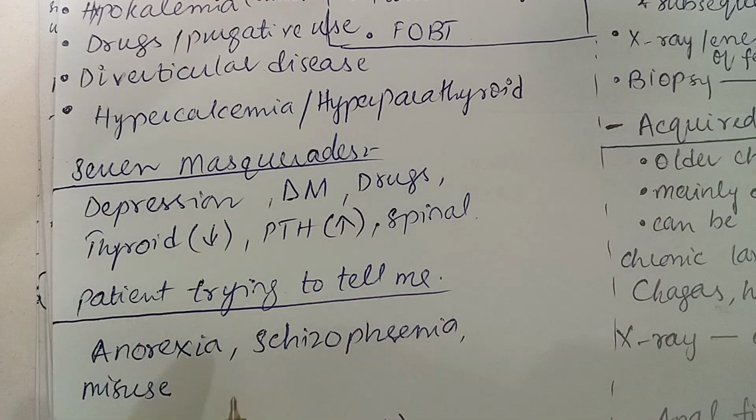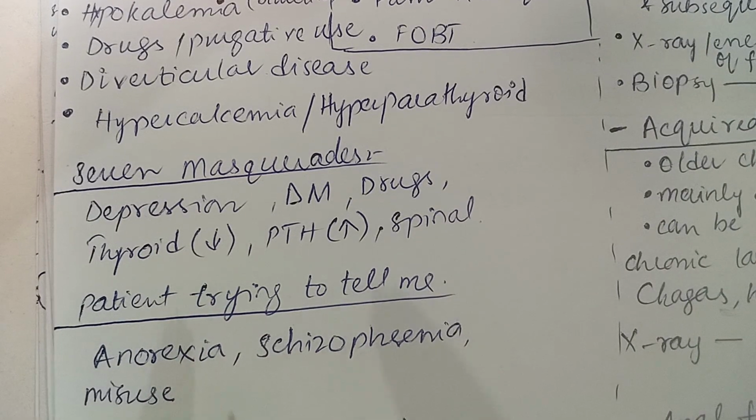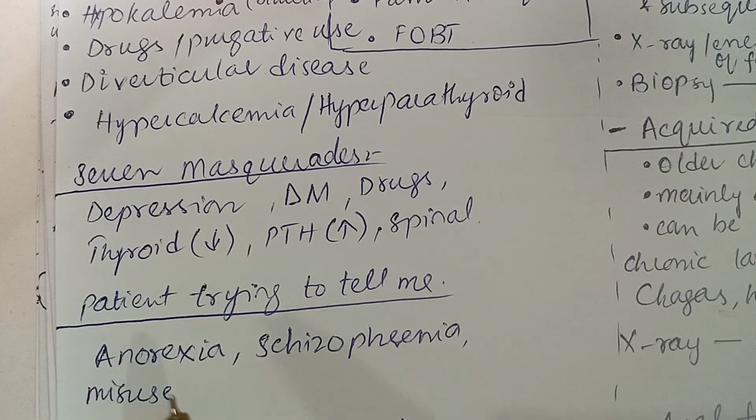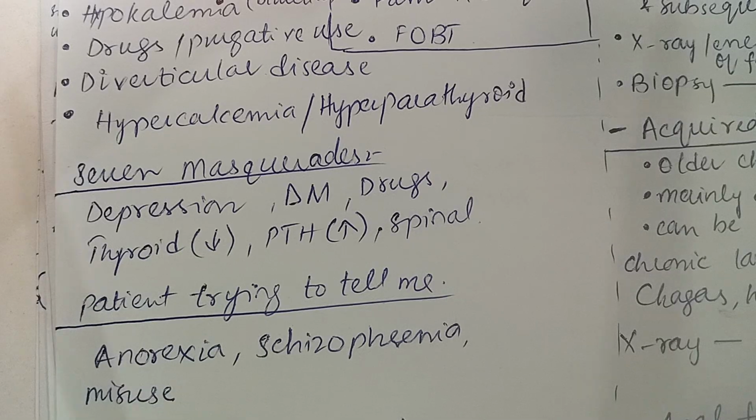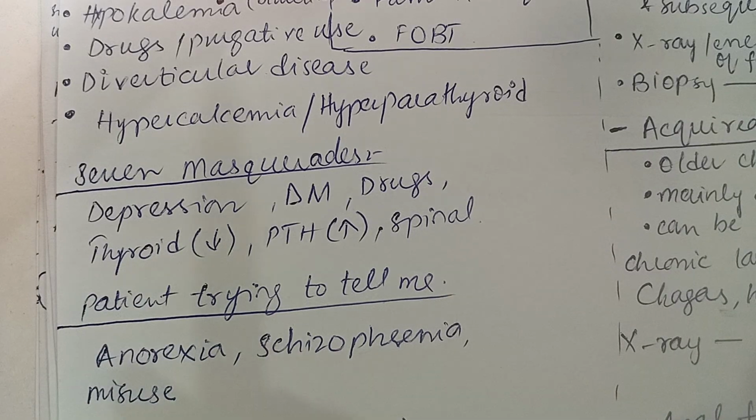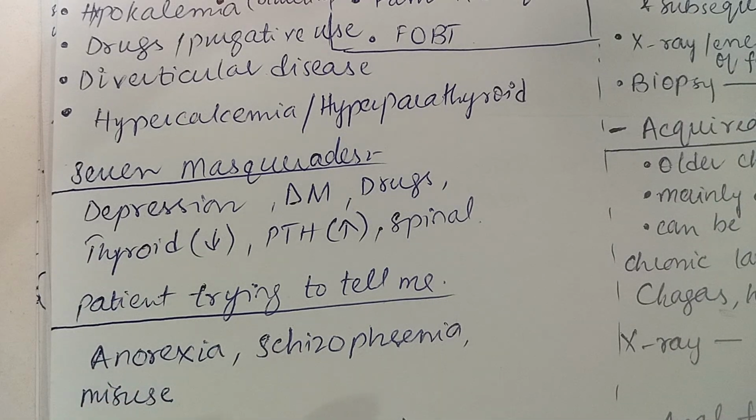And then we have what the patient is trying to tell me, for example, if the patient has a disorder of anorexia, these patients often complain of constipation. Then we have schizophrenia and drug misuse. They can all complain of constipation.